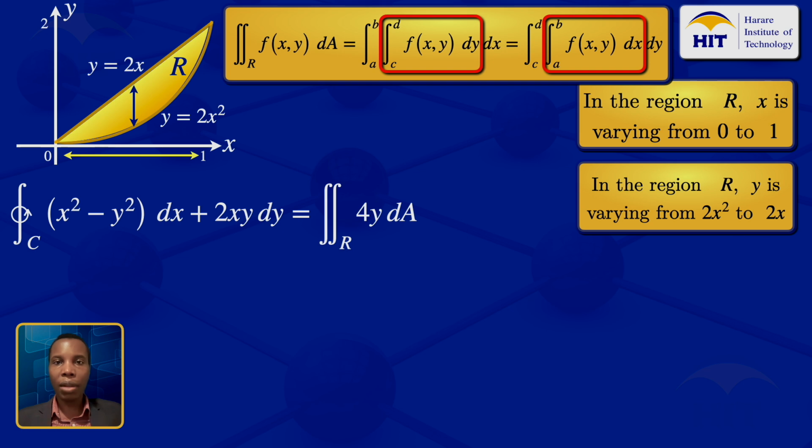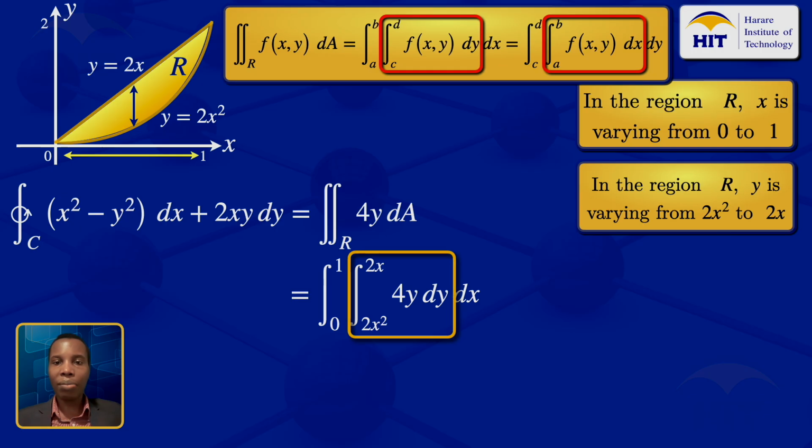Our integral is of this form: the integral from 0 to 1, the integral from 2x squared to 2x of 4y dy dx. We are integrating the integral with variable limits first, so we are integrating first with respect to y.